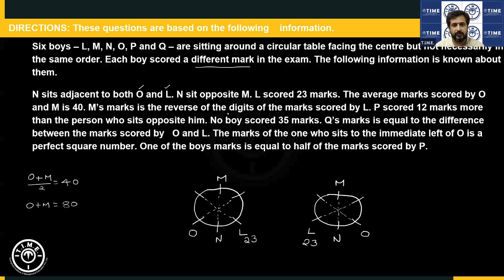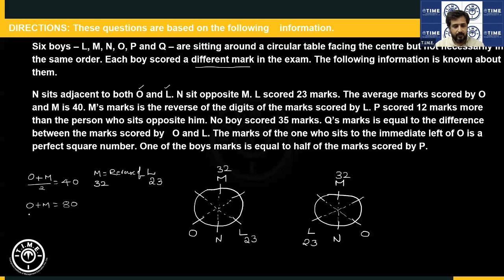M's marks is the reverse of the digits of the marks scored by L. How many marks are scored by L? 23. So M's marks are the reverse of the digits of L's. 23 will become 32. So M scored 32 marks in both the cases.